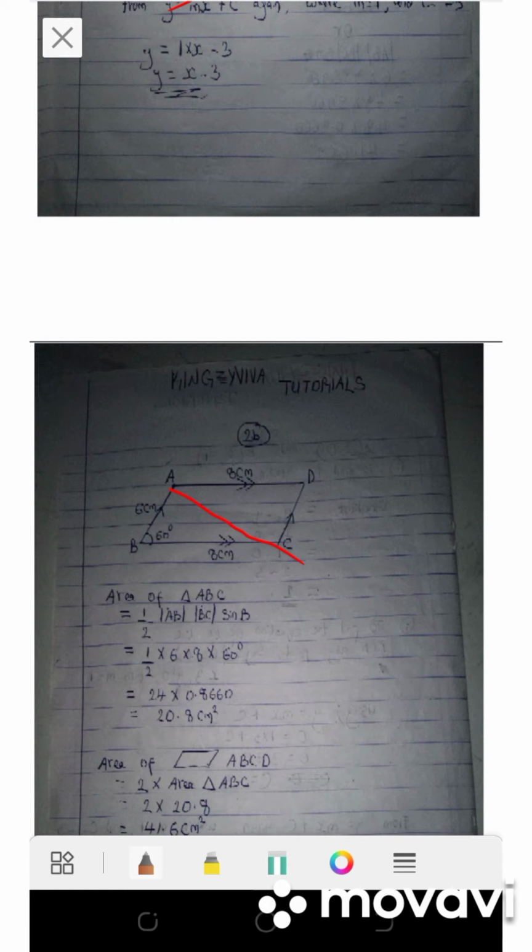So I can say half AB sine B. Half A, that's this length here, times B, that's this part of it here.